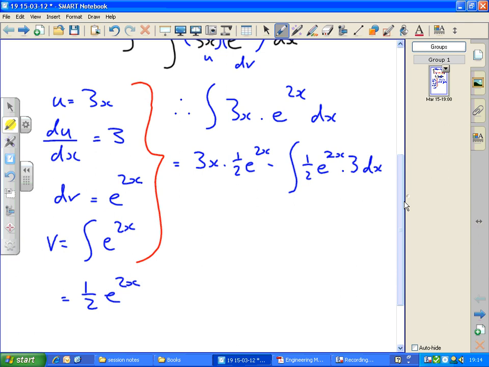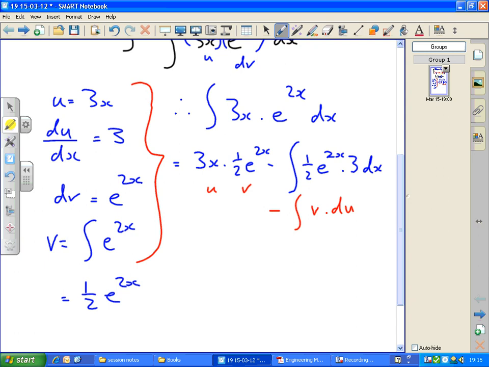So that's this u bit here, times v, and v was a half e to the 2x, minus the integral of v, which is a half e to the 2x, times du, which is 3, and then I'm going to integrate.